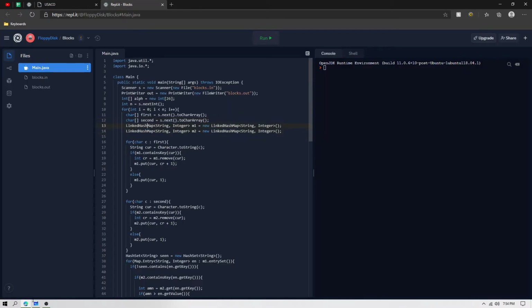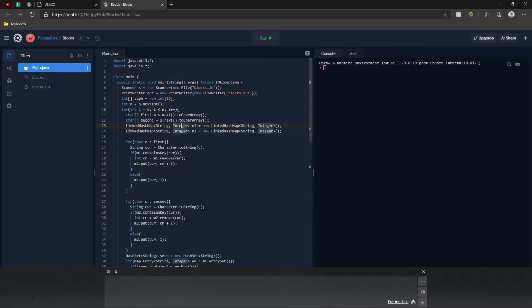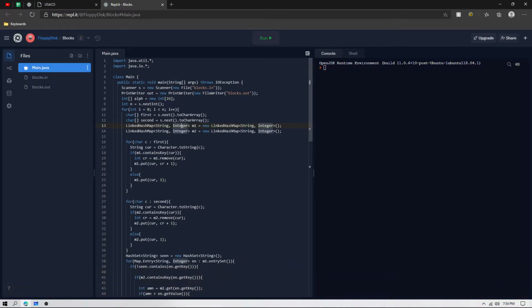Then we have our hash map, which stores the number of times a letter appears.